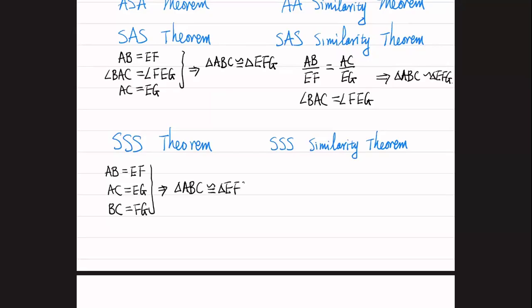E, F, G. The SSS similarity theorem, the ratios. The two triangles are similar.